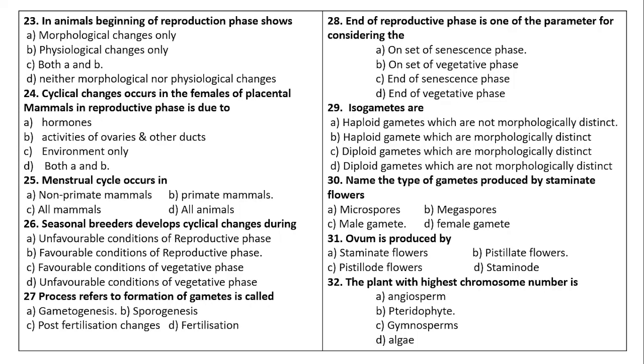Option B, activities of ovaries and other ducts. Option C, environment only. And option D, both A and B.